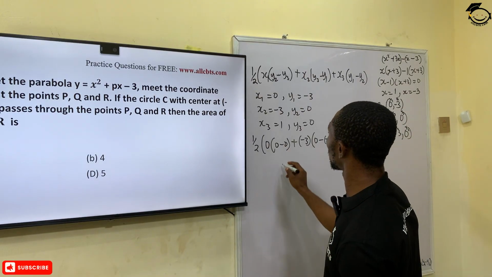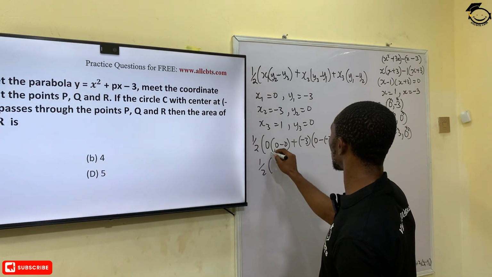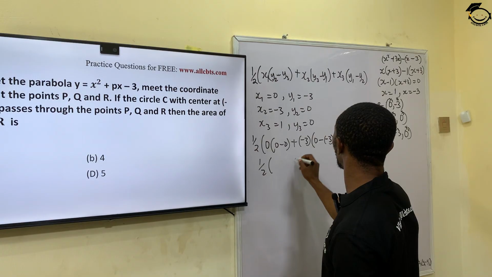So this gives us half bracket 0, 0 is off.